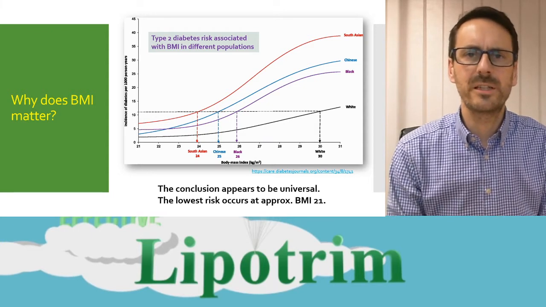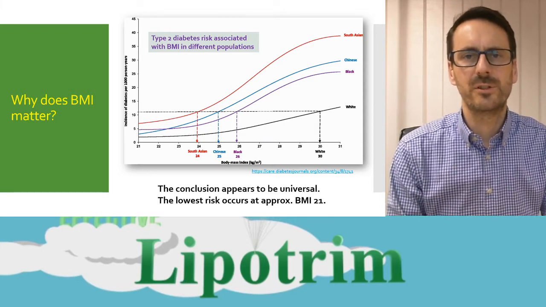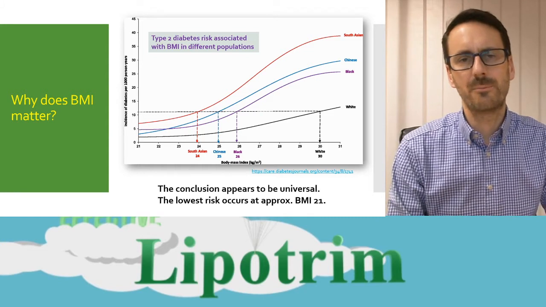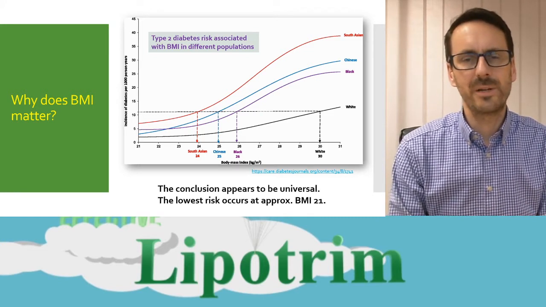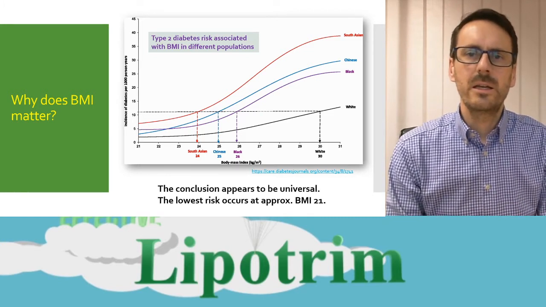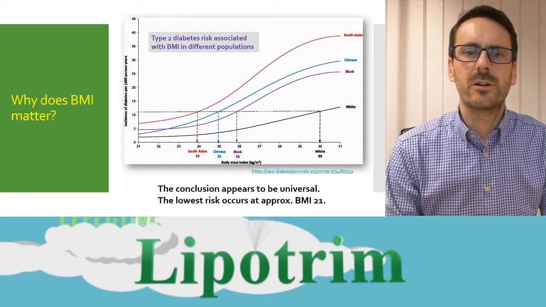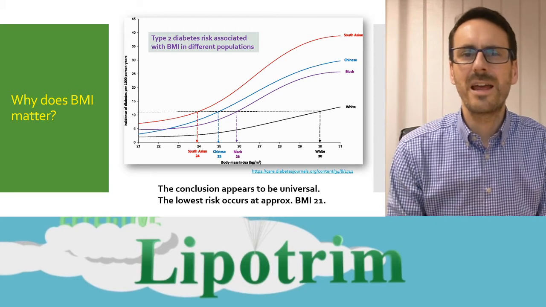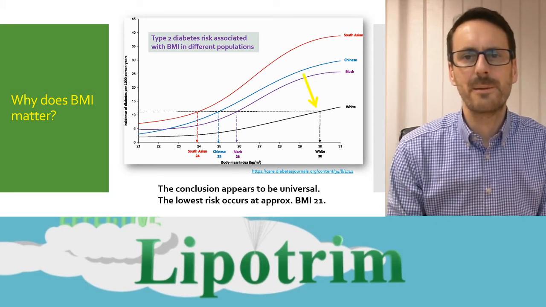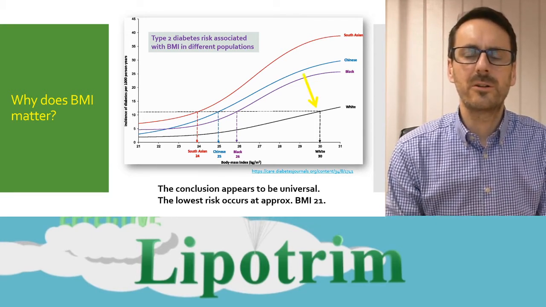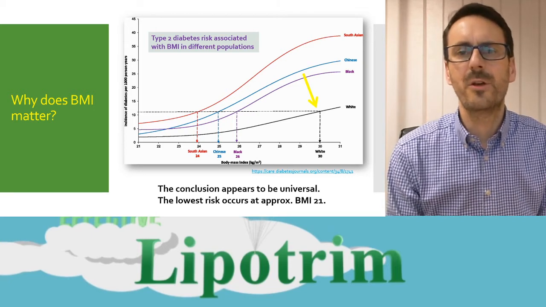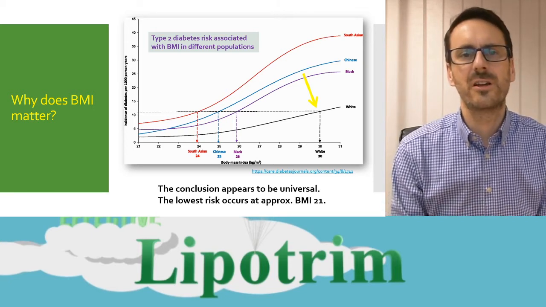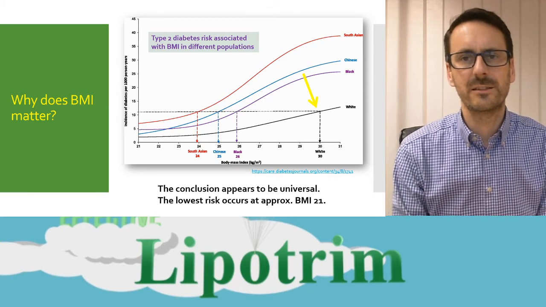So this particular research into type 2 diabetes risk looked at the BMI risk in different populations. So this particular chart shows that for different populations there is a varying degree of risk with BMI. So when we look at, say, a BMI of 30 being the obese category, we get a certain degree of risk associated.